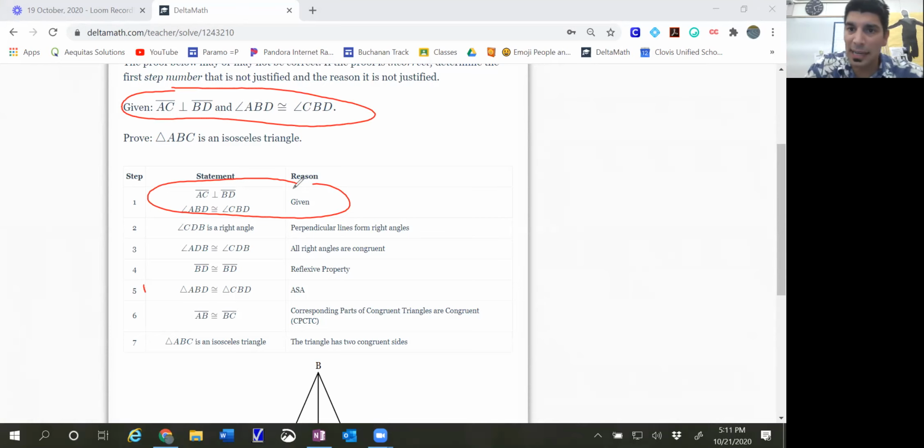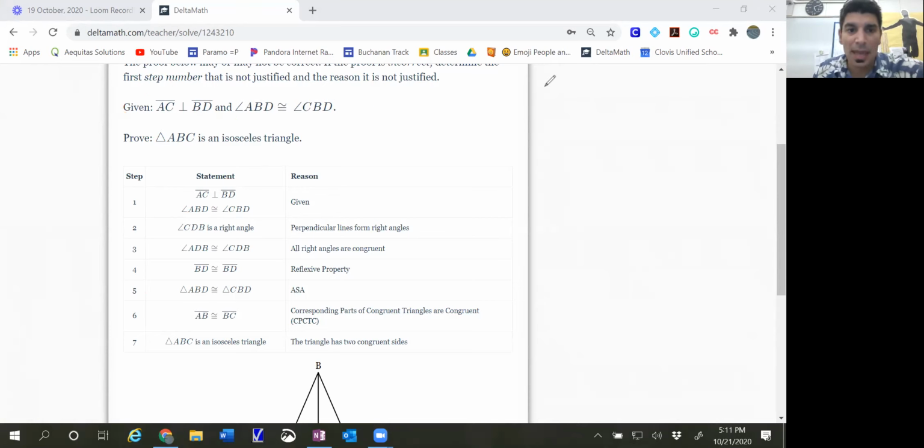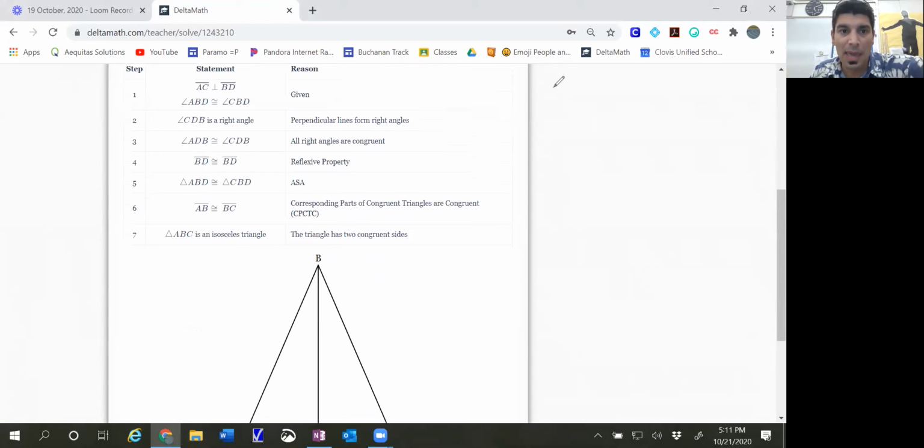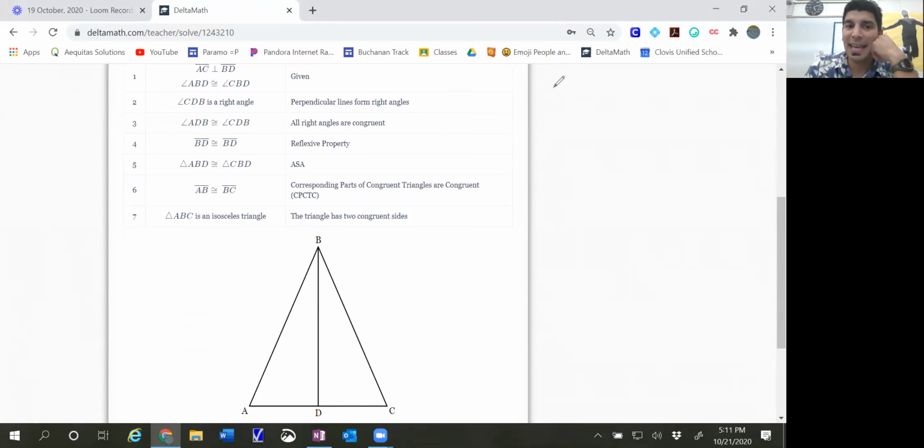And then you're going to look at step 2. Let me clear that out. And you're going to say, is CDB a right angle? And can you say that after looking at step one? So I'm going to look at this, and then I'm looking at step one, and I'm going to decide, because of this, can I say that? And maybe you go, yeah, that's a true statement.